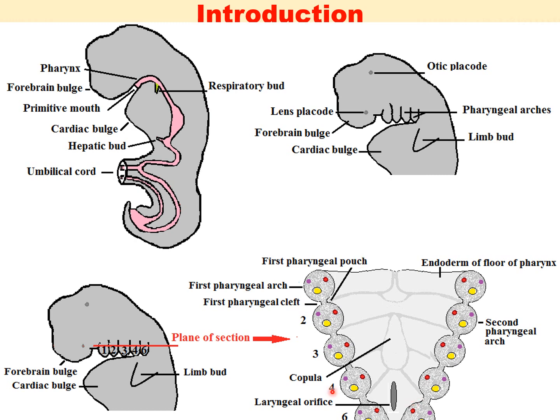The pharyngeal clefts are lined by ectoderm. To remember this term, ectoderm contains C and cleft begins with C. And internal pharyngeal pouches from the inner side, these are called pouches, lined by endoderm.